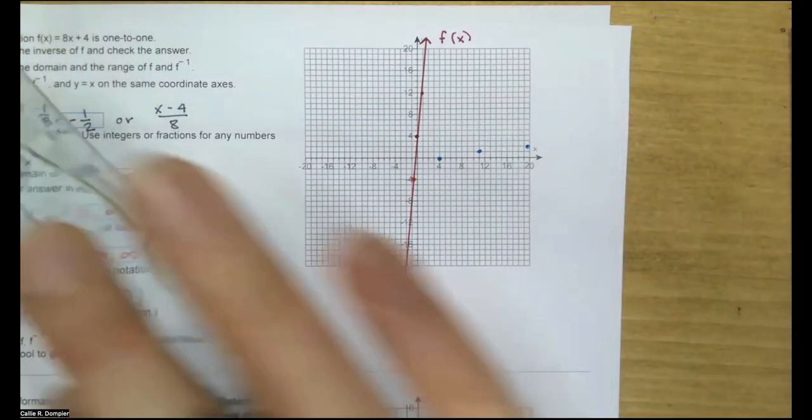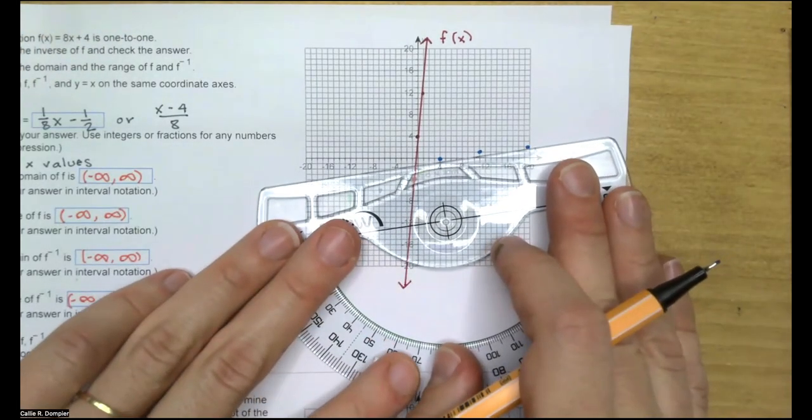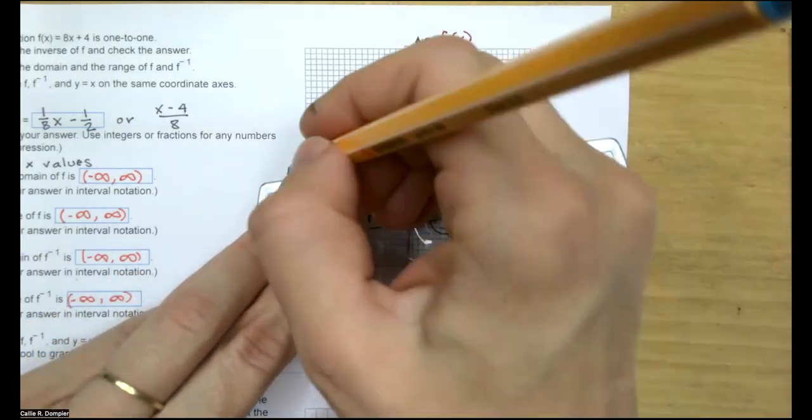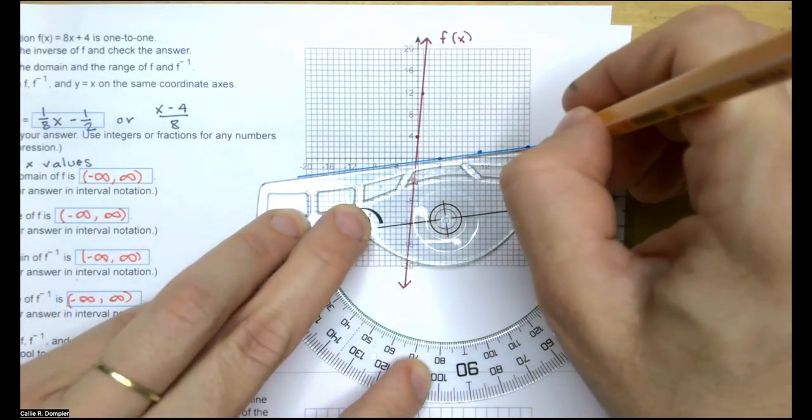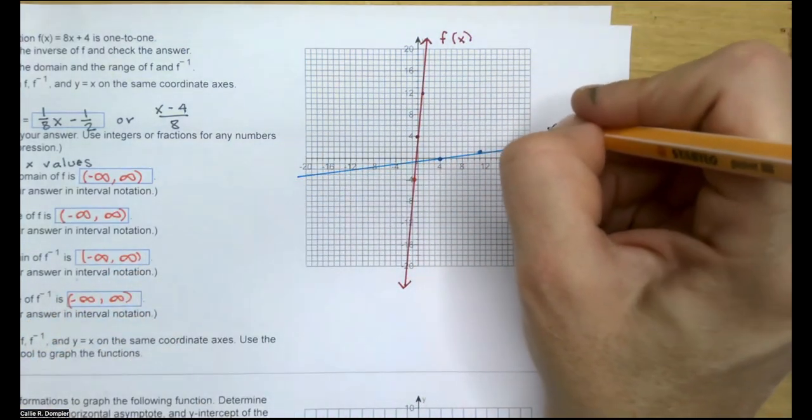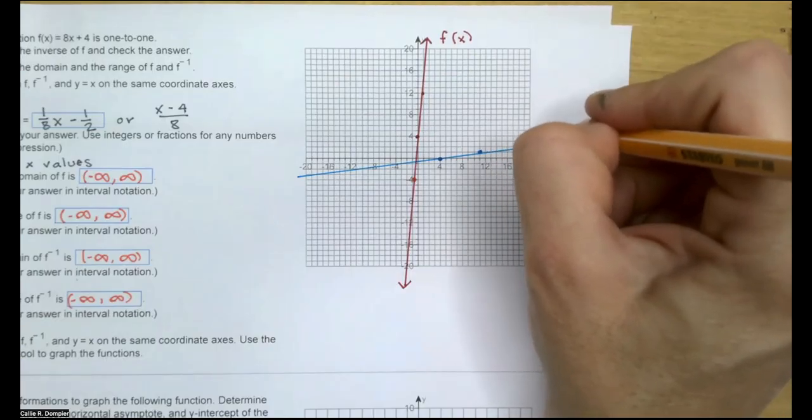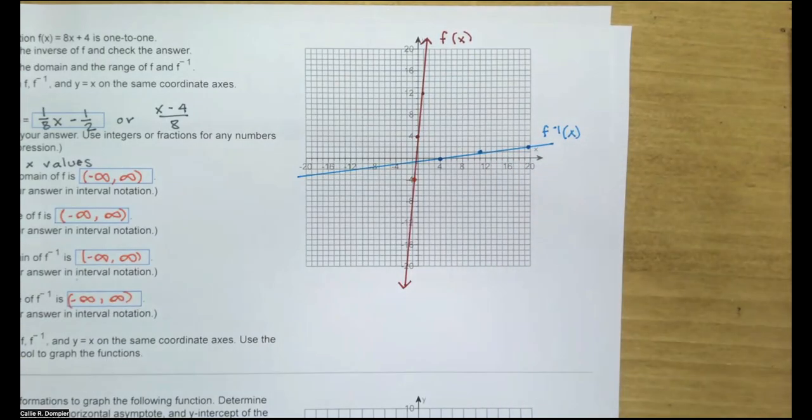Good. And then you'll just draw that line. And that is the graph of the inverse. Good.